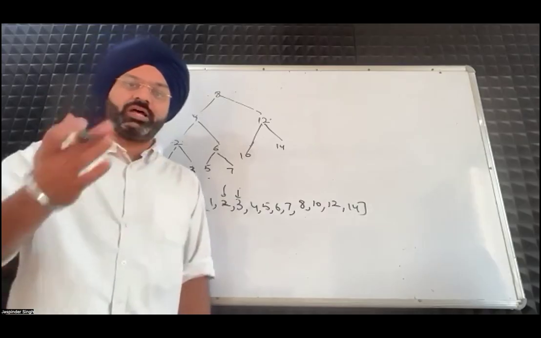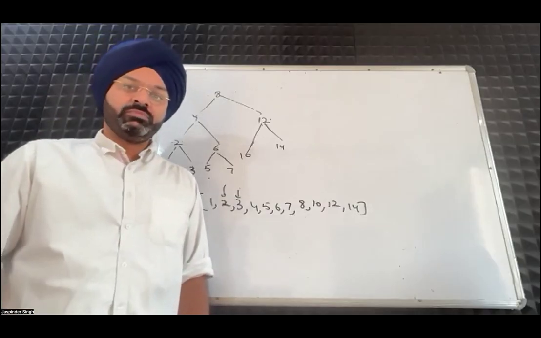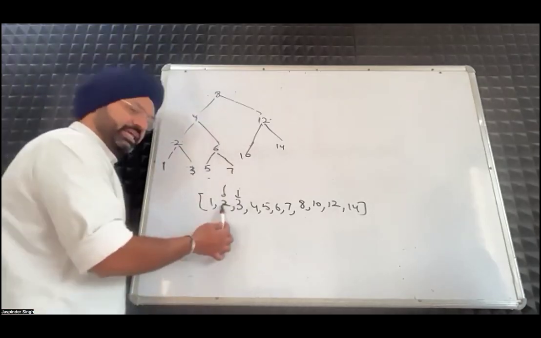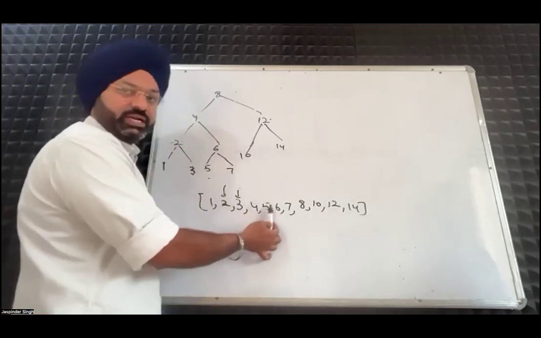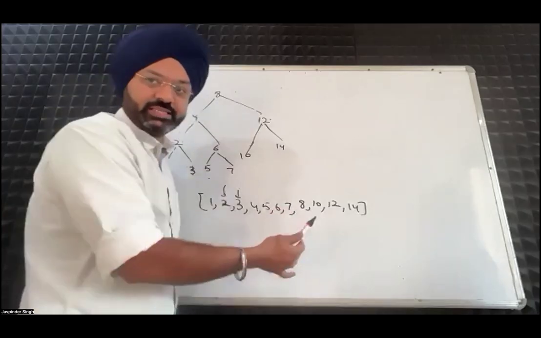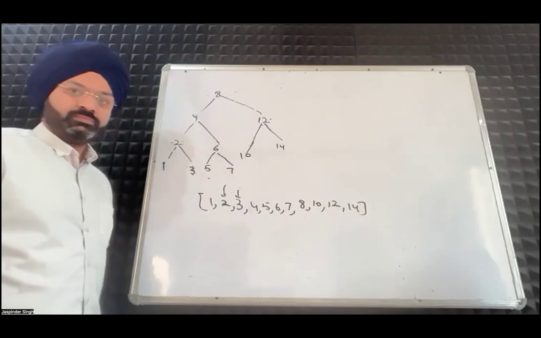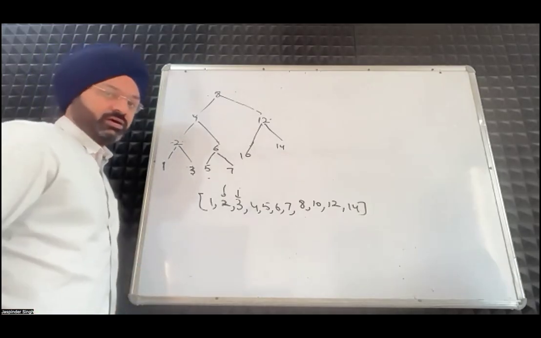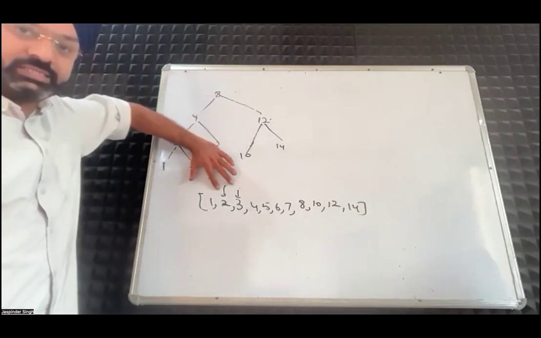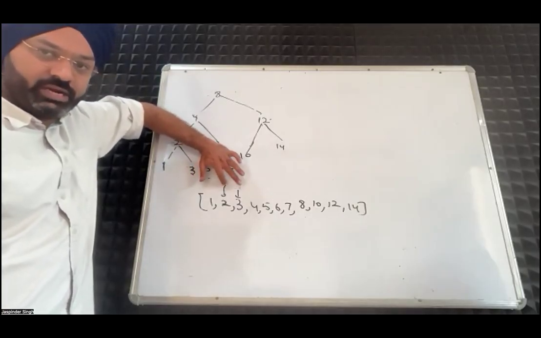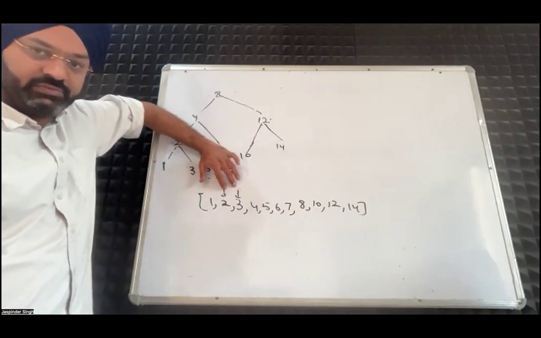If you want to check whether the whole list is sorted or not in a brute force manner, just check 3 is greater than 2, 4 is greater than 3, 5 is greater than 4, 6 is greater than 5, 7 is greater than 6, 8 is greater than 7. This is the way that we can check, no? Or I can have 2 pointers, one current pointer and one previous pointer.